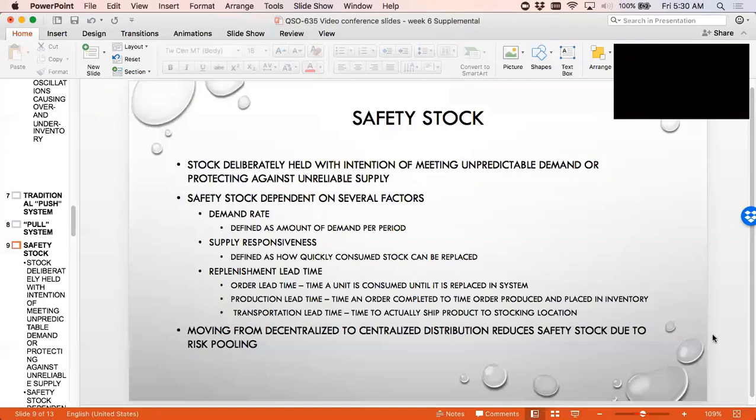But if you have a decentralized pull distribution, then that's not always correct, because the goals within that system are different. The goals within a decentralized pull system encourage less variation because we don't deal with demand forecasting, we deal with actual demand.